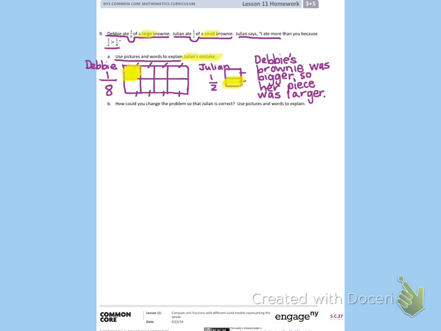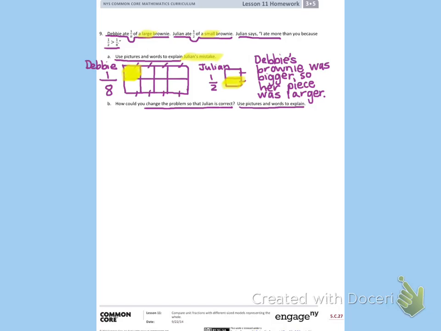How could you change the problem so that Julian is correct? We need to change the problem so that Julian is correct. We're going to use pictures and words to explain. In order for us to compare the amount that Debbie ate compared to the amount that Julian ate, our brownies must be the same size.